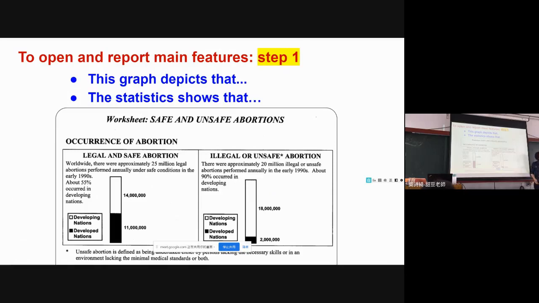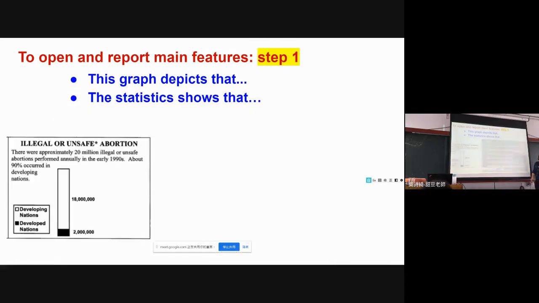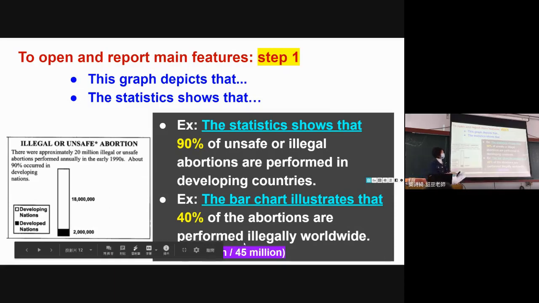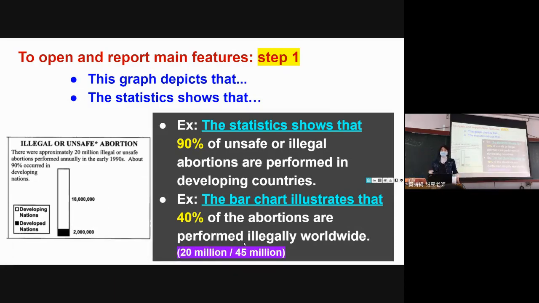So the second way to say that is, 40% of abortions are performed illegally worldwide. This is also a second way that you can talk about the same thing. So are there any questions so far?